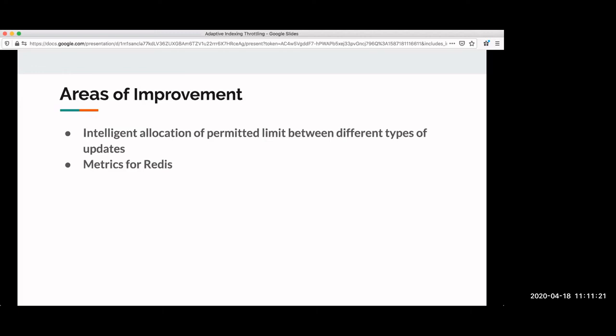Suppose a service A talks to Redis, we should get the metrics from that service on what response time that service is seeing. What is the time that service thinks Redis is taking? So probably we should gather metrics not from the data stores, but from the services which are dependent on those data stores.